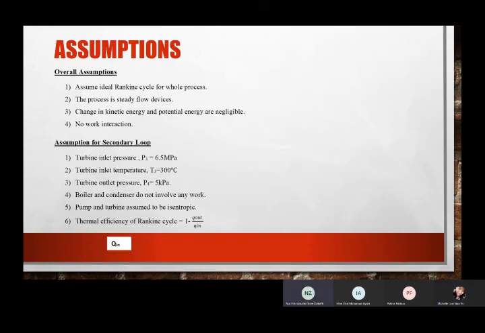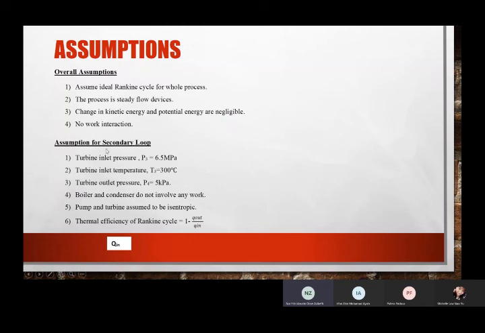For the assumptions, we assume the ideal Rankine cycle for the whole process. The process consists of steady flow devices, the changes in kinetic energy and potential energy are negligible, and there is no work interaction.